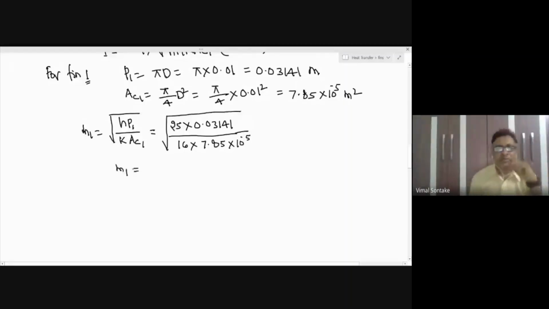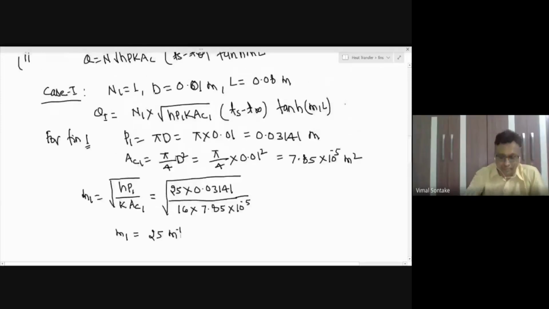Can someone tell me what will the value of m1? Does it come 25? Please check this value. I am waiting for your response. Is it correct?